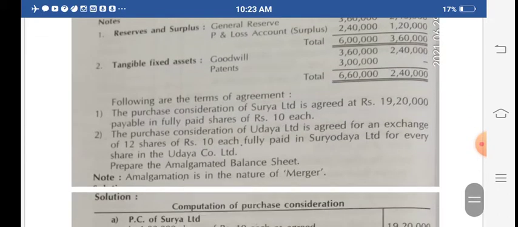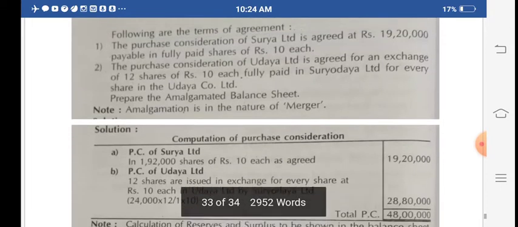For Surya Limited, the lump sum amount is given. The purchase consideration of Surya Limited is agreed at rupees 19 lakh 20,000, so it is the lump sum method of purchase consideration. For Uday Limited, it is an exchange of 12 shares of rupees 10 each for every 1 share. Now see the computation of purchase consideration.